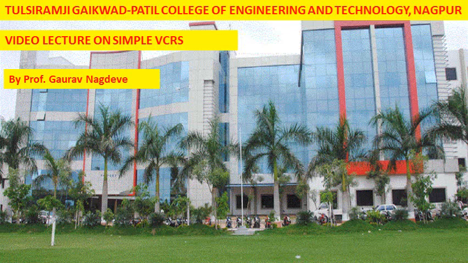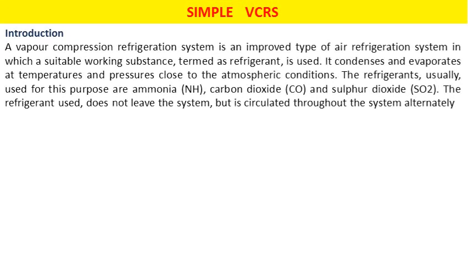Today we'll start our video lecture series on simple VCRS. Now what is VCRS? VCRS stands for Vapor Compression Refrigeration System, in which the refrigerant is used for the circulation.